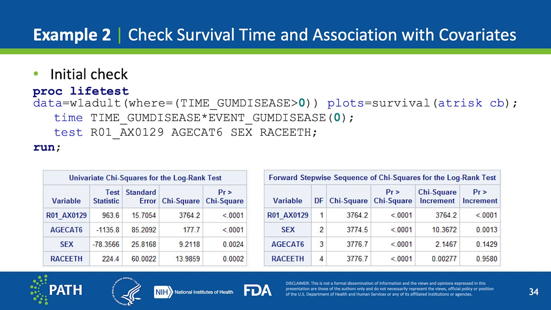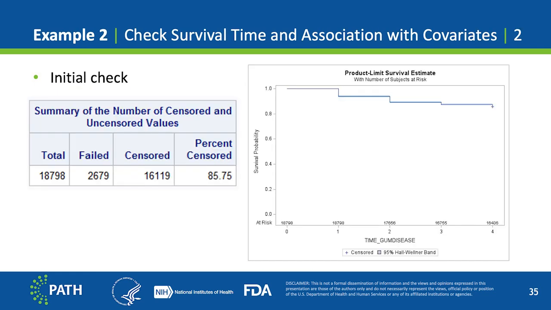Here you can see that from the log-rank test under the forward stepwise sequence of the chi-square test, the people who ever reported they had gum disease have the strongest association, followed by sex, age, and race and ethnicity. However, everything is unweighted so far, and we know that when we apply the sampling weights, the conclusion may differ.